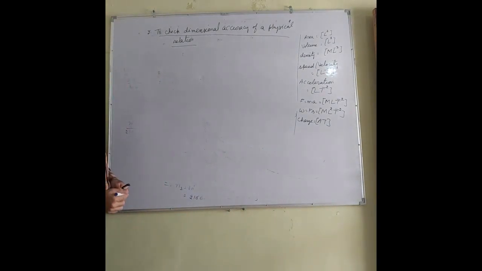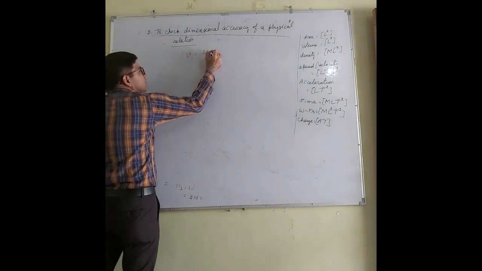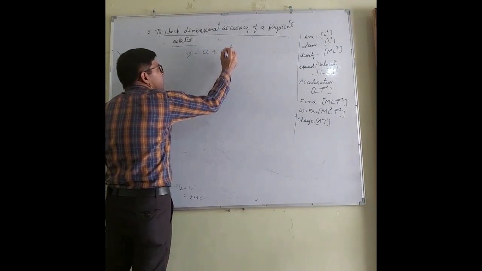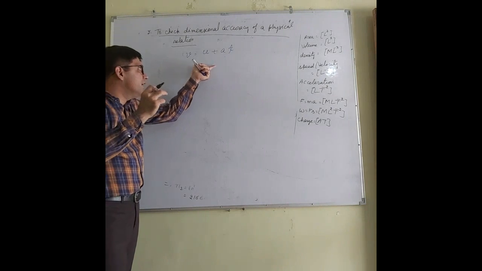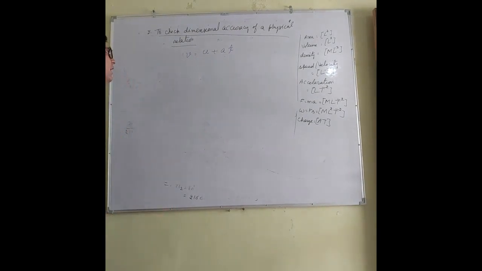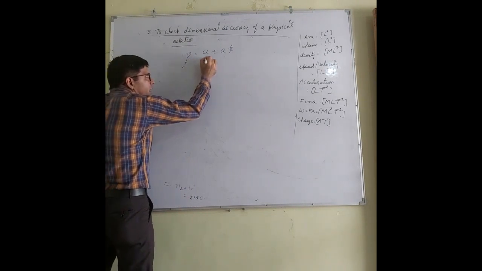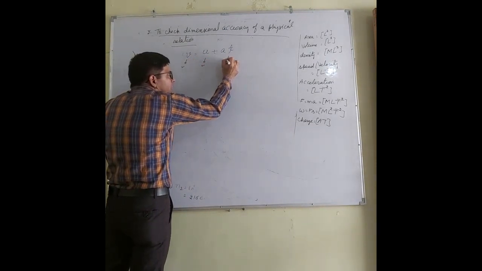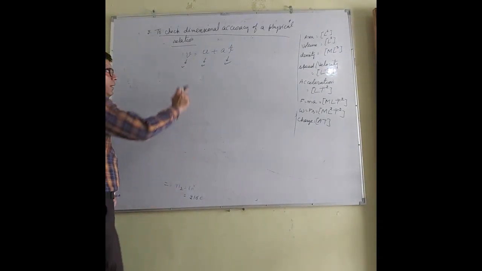Now, to check the dimensional accuracy of a physical relation, take a simple example you studied, v equals u plus at. Let me apply this. What does the principle of homogeneity say? It says this relation is correct if its dimension formulas are all the same.